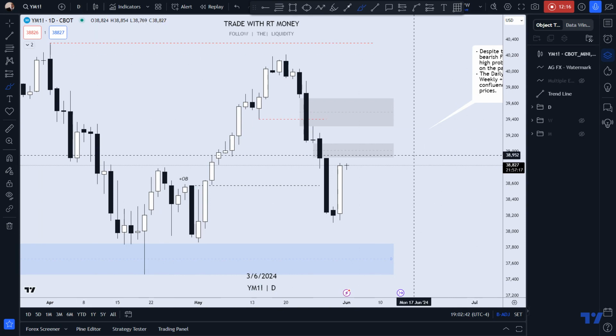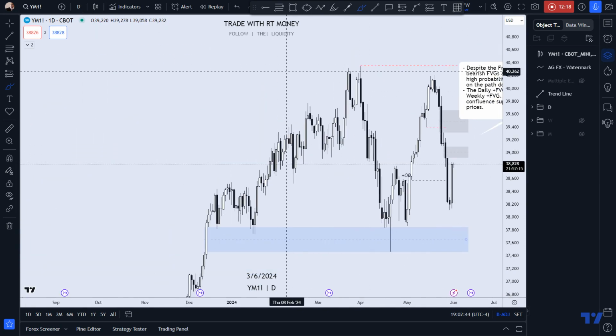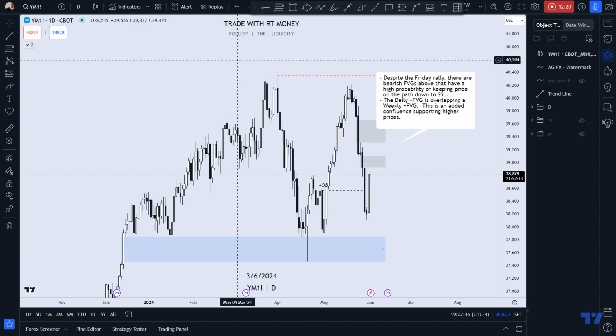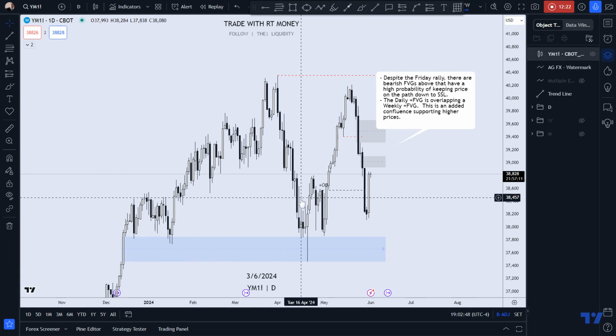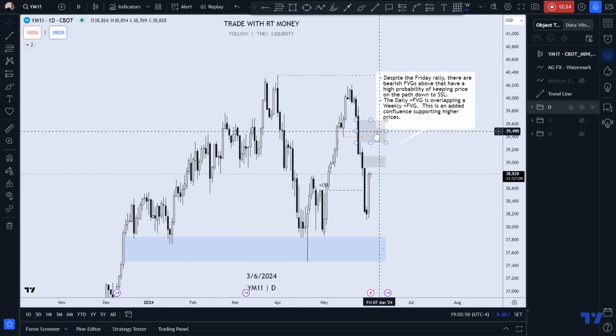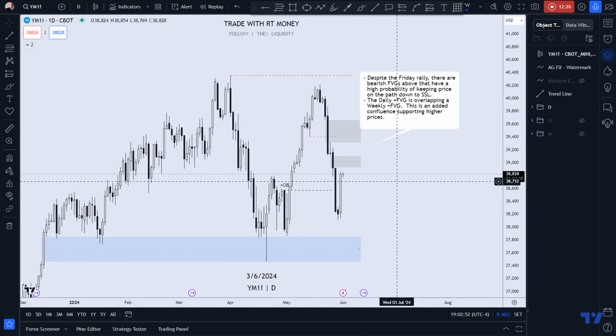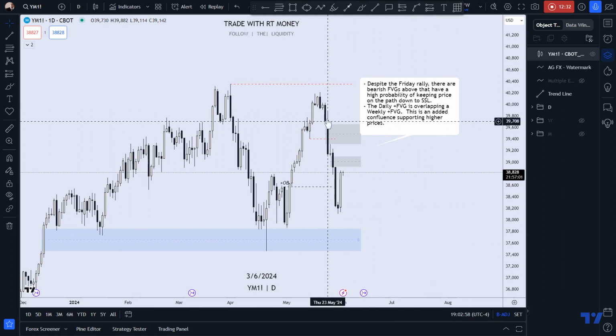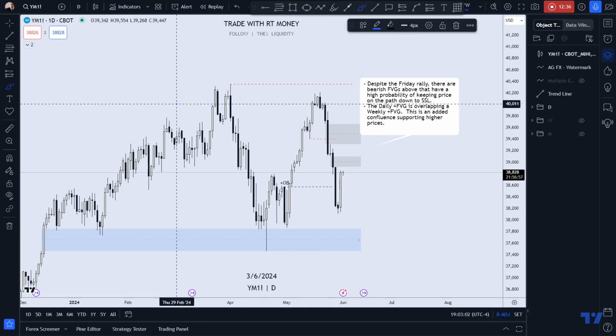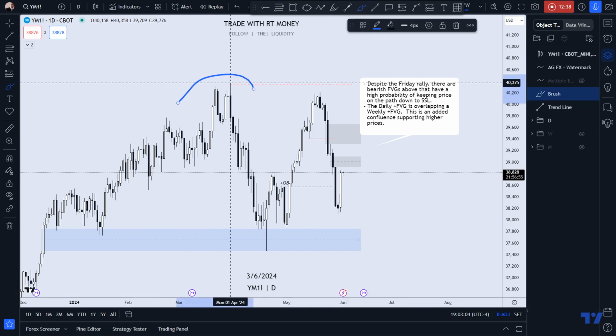I'm not going to do a whole lot of coverage of the Dow because it moves a little more wildly compared to the NASDAQ and the S&P. But what you can see is price made a swing high here. This swing high was made in April.